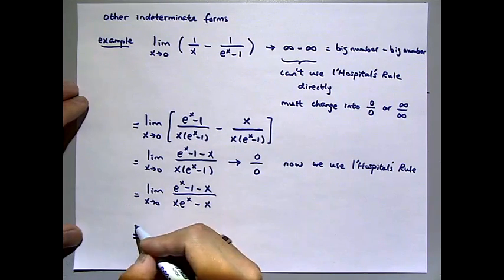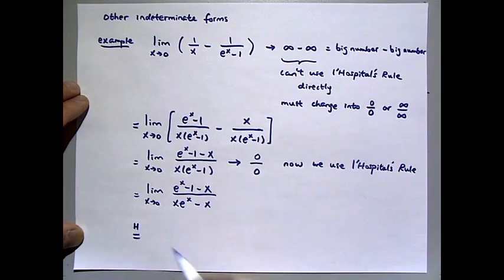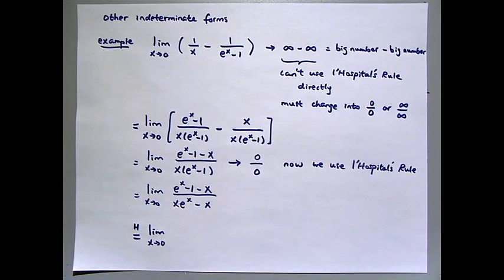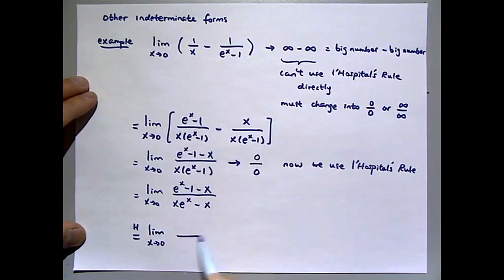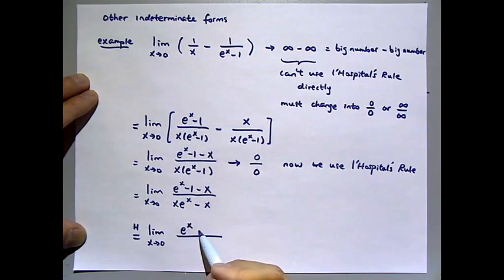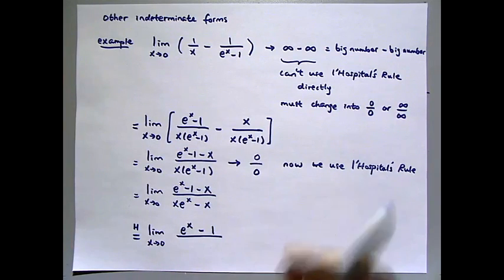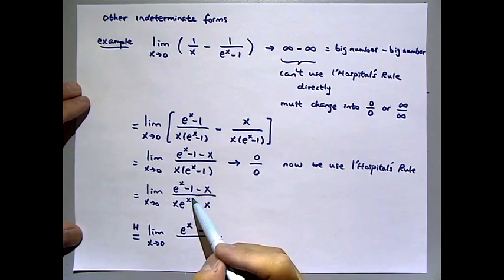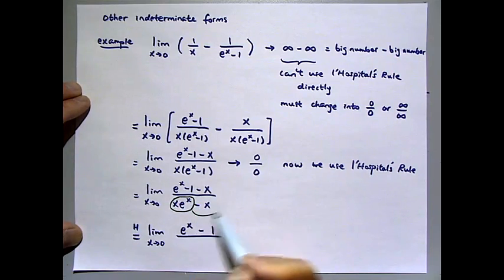I will always put a little h on top of the equal sign when I do that. Okay, now we take the derivative. Upstairs, that's an e to the x minus 1. Downstairs, be careful with this part right here.